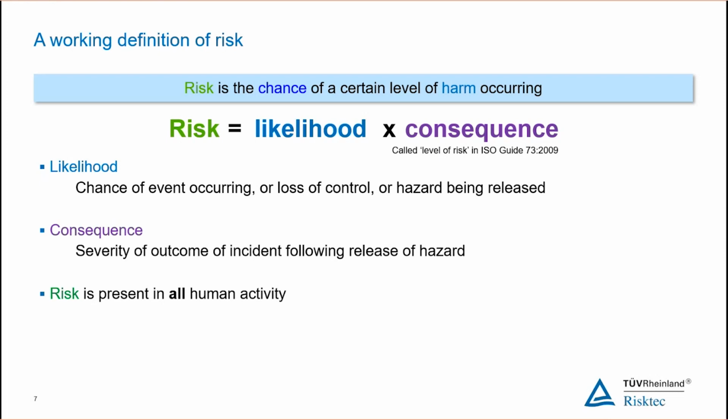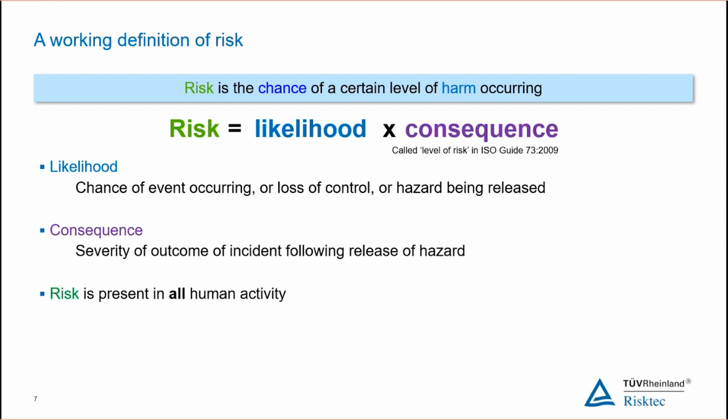Depending on the type of risk assessment we're doing, there may be different severities of outcomes that we're worried about: harm to people, harm to the environment, harm to assets, etc. Primarily, for the risk assessments we're talking about within this webinar, we're looking at the safety of humans, so the consequence we're looking at is the severity of the outcome affecting human beings.